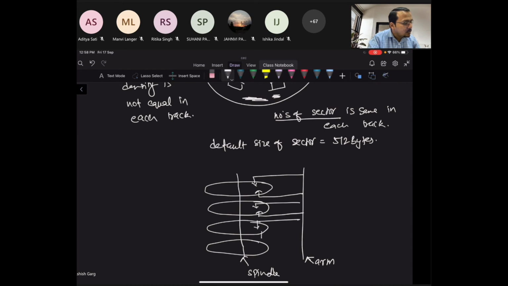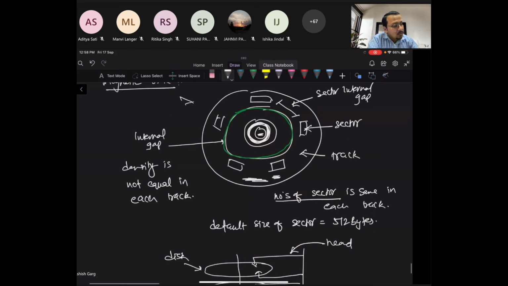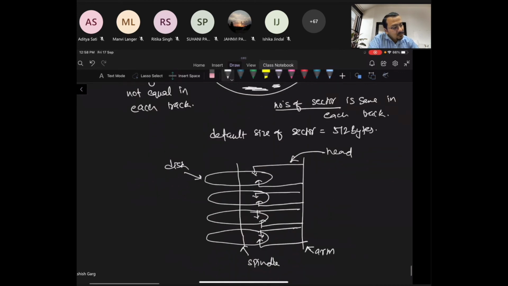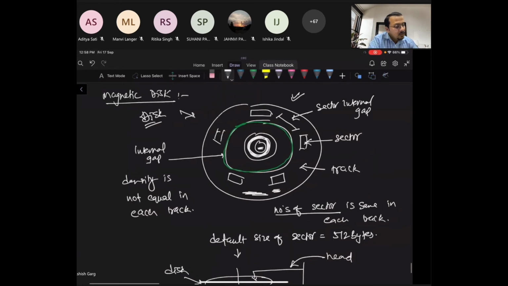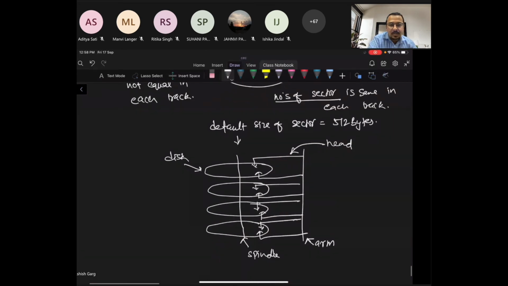So this is nothing but the head, and this is the disc which we have shown here. This whole thing was a disc. If you see from this point of view, this structure is shown, but if you see from the side view, this is the structure. And this disc has two surfaces.